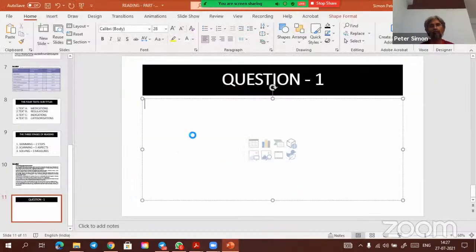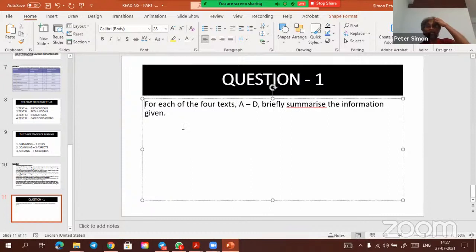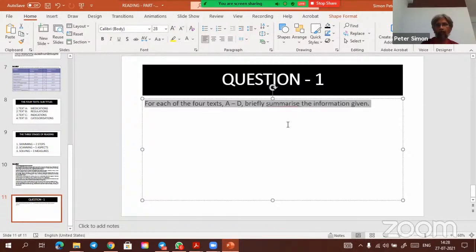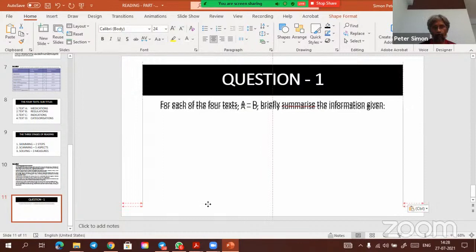Question number one, already we have given the number. Okay, these are the directions. So this is the direction.